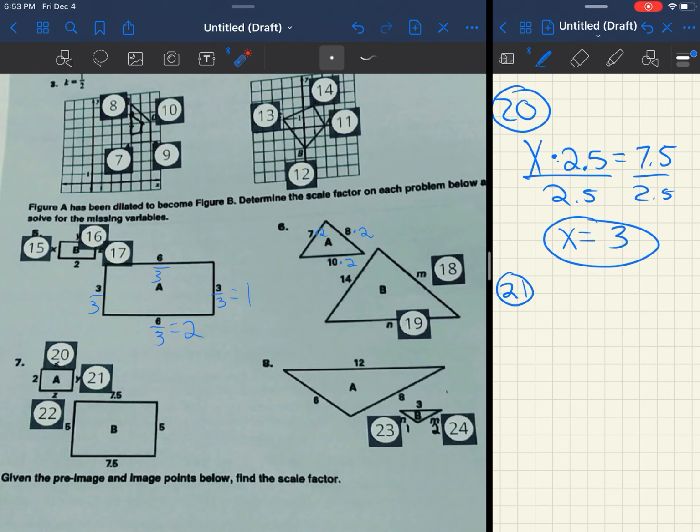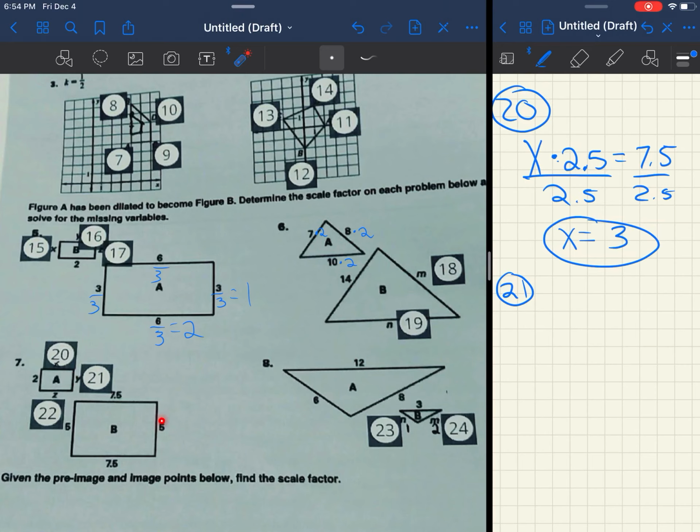Let's look at 21. In 21, we're looking at this right here. This is y, and it corresponds with this right here, which is 5. I know that if I multiply y by 2.5, I will get 5.